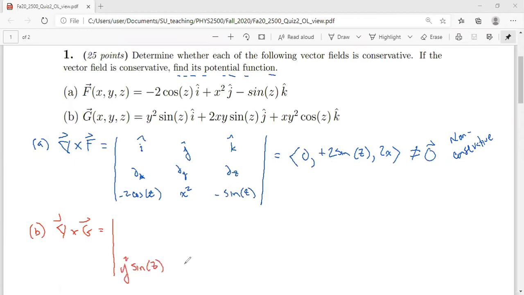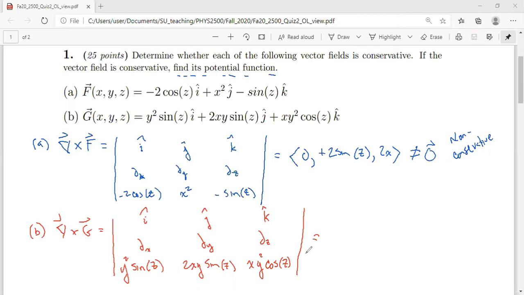Sine z is our x component, 2xy sine z is our y component, and then, so in the master class on writing curls, they always tell you to write the vector functions first because they take up the most space in the determinant. And then d by dx, d by dy, d by dz, k hat, j hat, I hat.